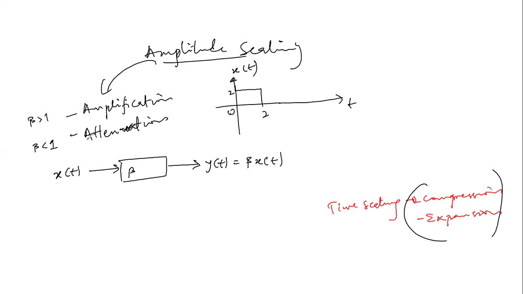Now, go ahead, Julius or Joe. Sorry, sir. On that previous slide, I wanted to ask: for time reversal, beta equals -1, since -1 is also less than 1, can it also be like signal compression?